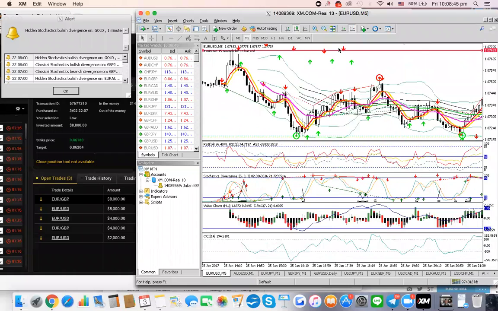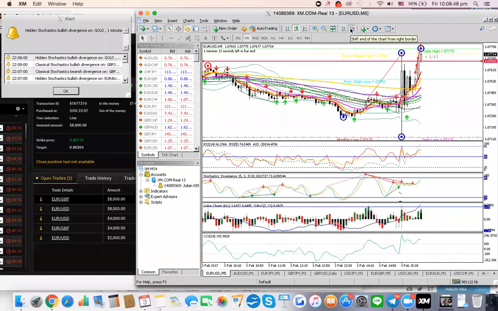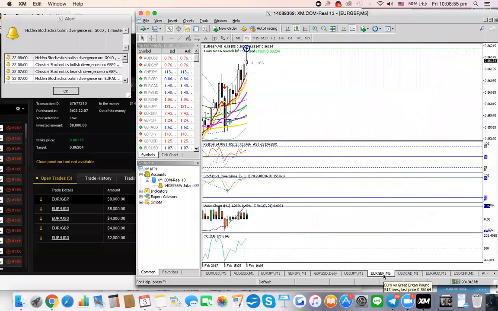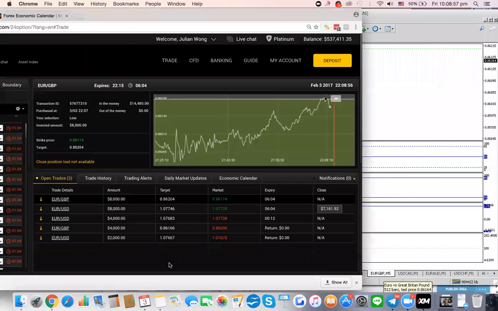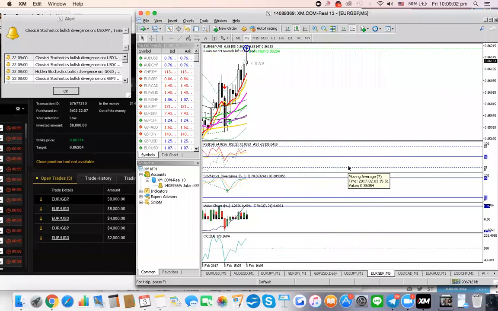Check the M5 chart. This one's playing ball too. Generally, if I get a martingale more than once, let's see, if I do 2 martingales and I still don't get it, and I do a third one, I just want to get out because that means it's a bit peculiar.